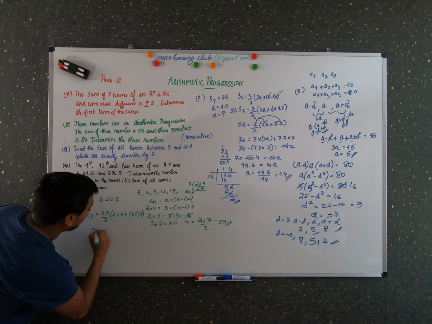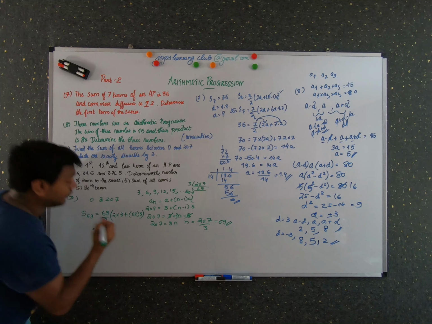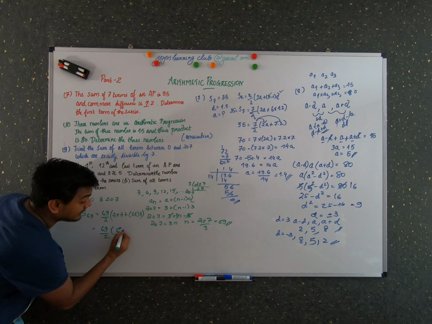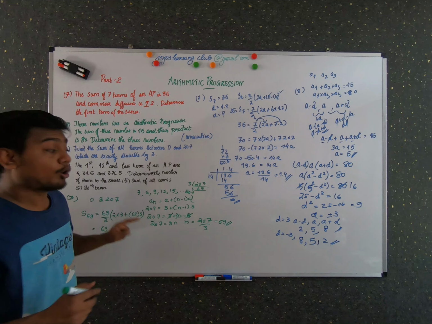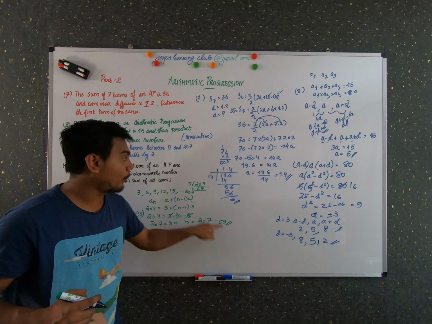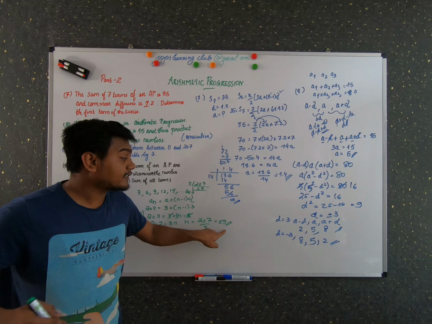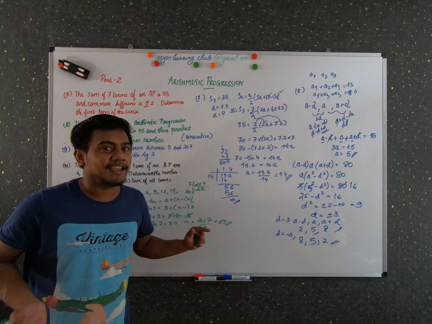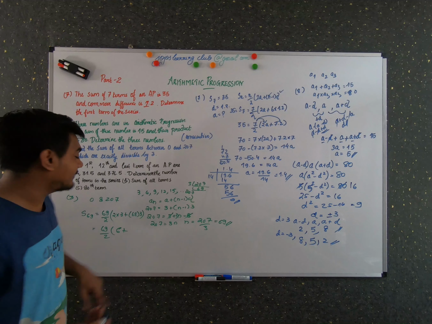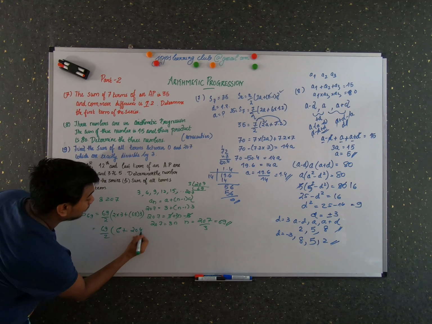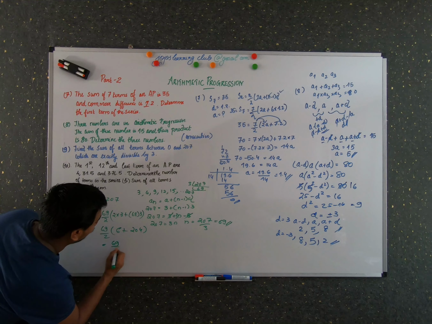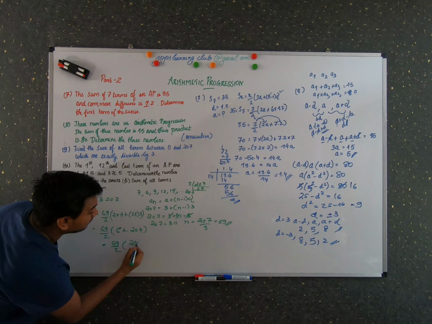So 69 by 2 into 2 into 3 is 6. 68 into 3 is what? 69 into 3 is 207, right? So what would be just one number before that? 204, you can just subtract 3 from it. So 204, and you'll get 69 by 2 into 210.